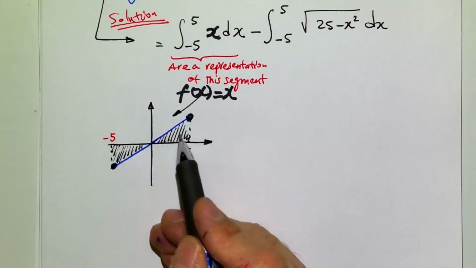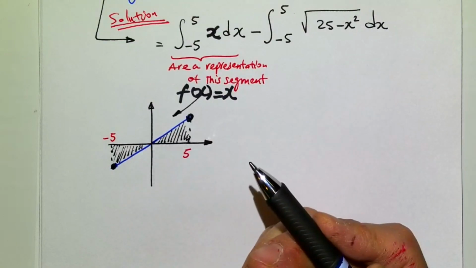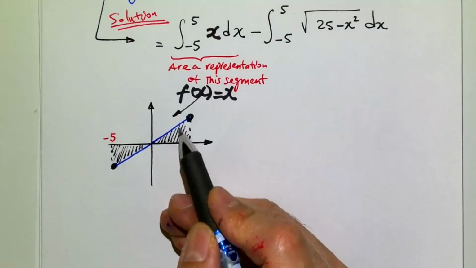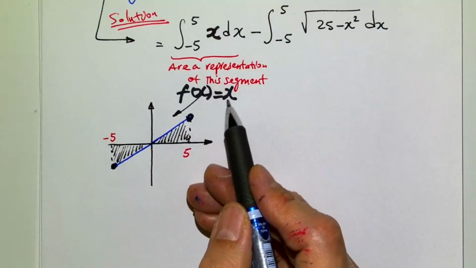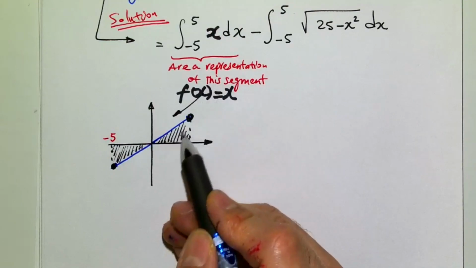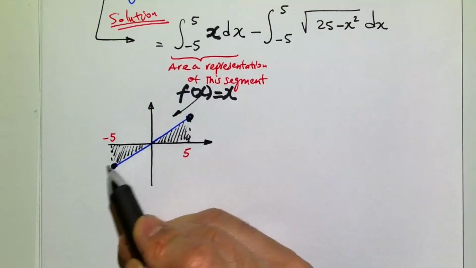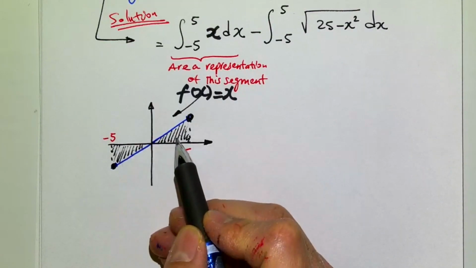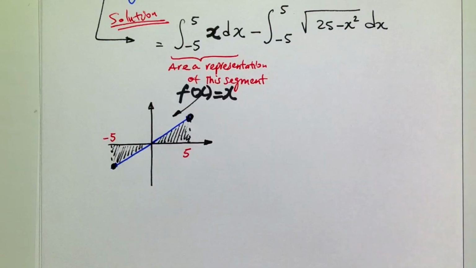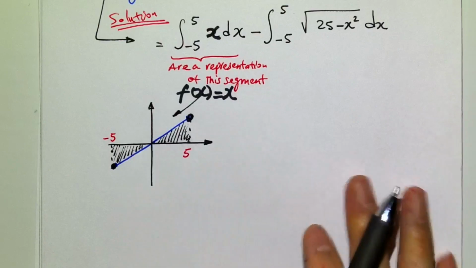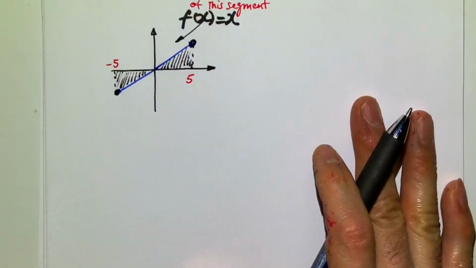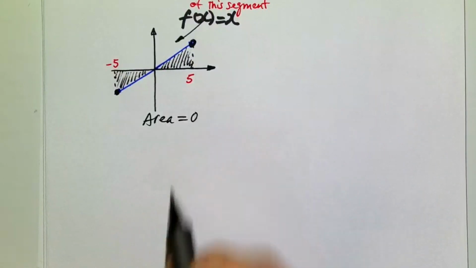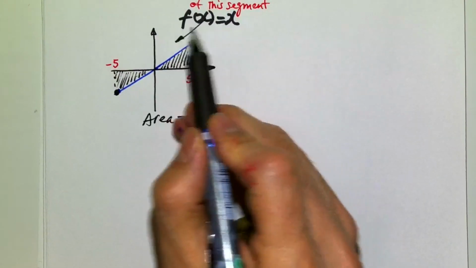What do you think this would equal? This plus that, these are equal because this is the line f of x equals x, so x equals y. So these pieces are equal to each other. And if this is negative area and that's positive area, you get 0 because these two are equal to each other, but opposite. So area equals 0 for this function.